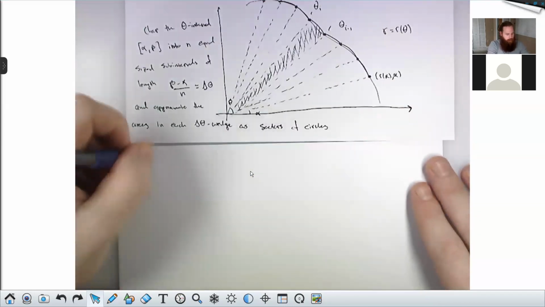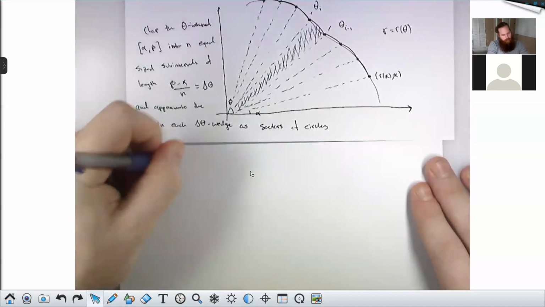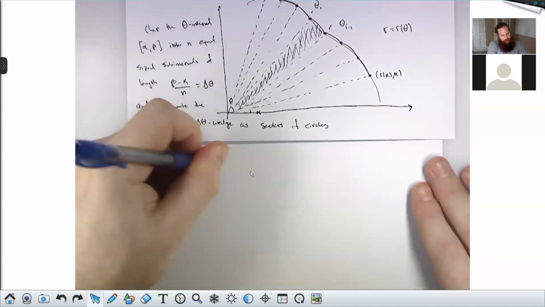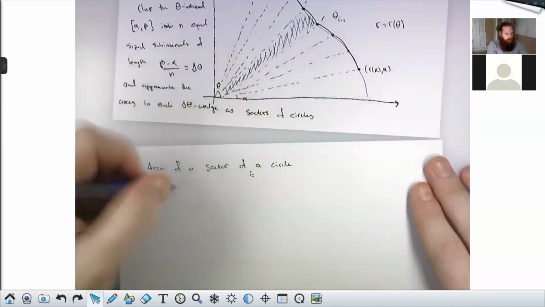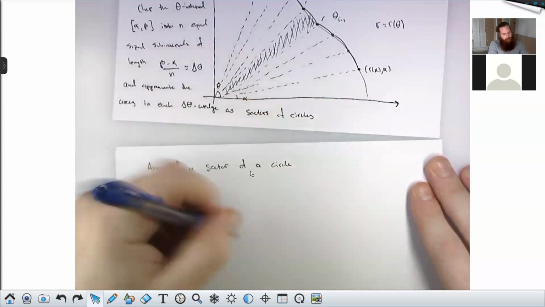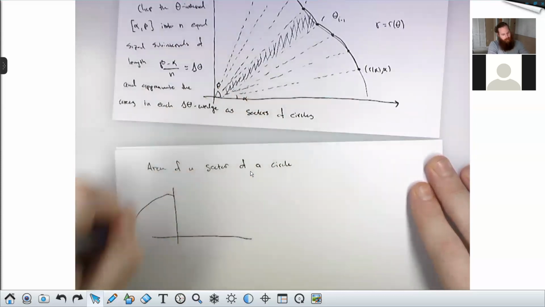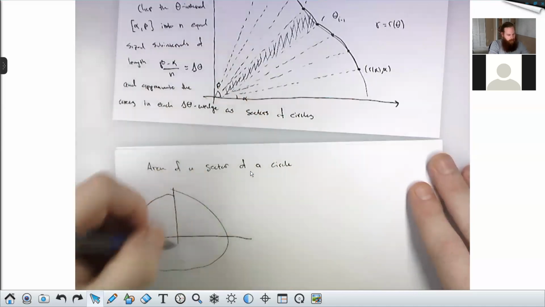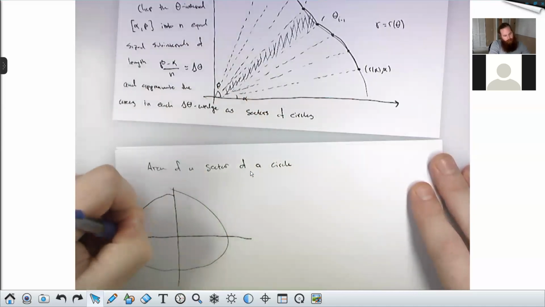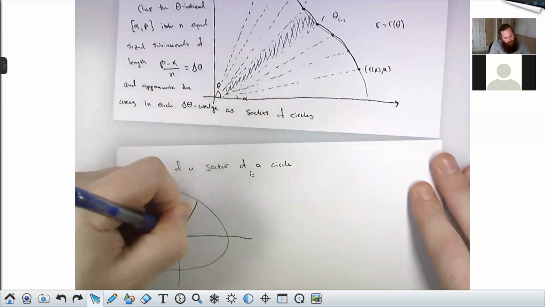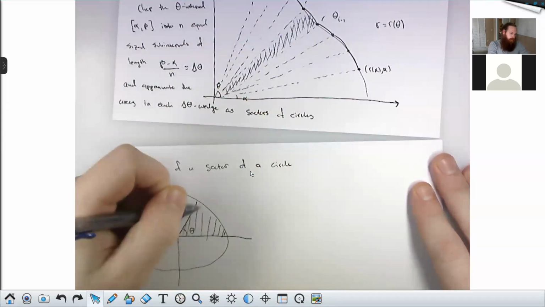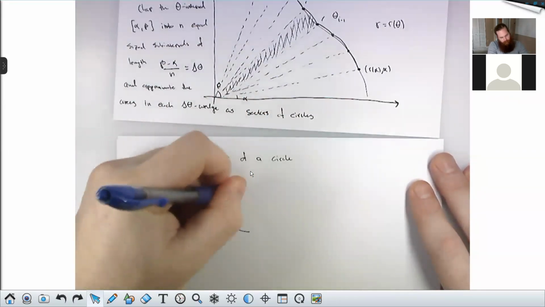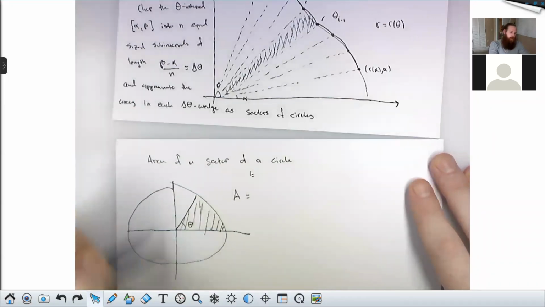So remember the area of a sector of a circle. I can't draw. If you have some theta-sized wedge here, then this area has to be a linear function of theta, because when theta is 0, the area is 0.